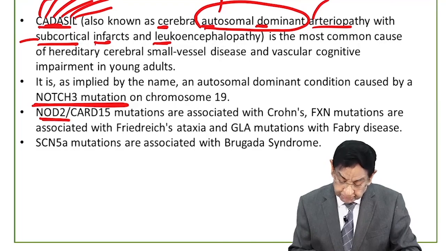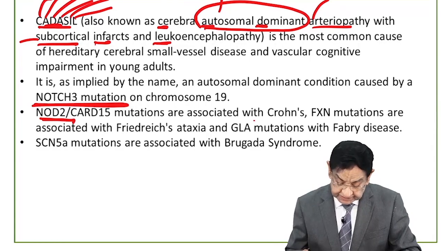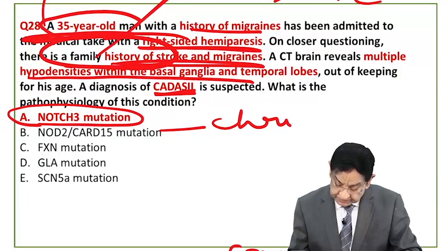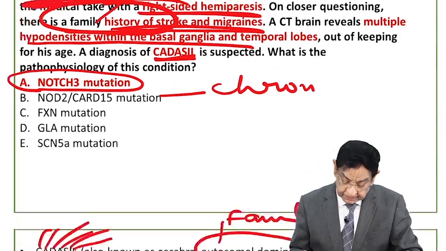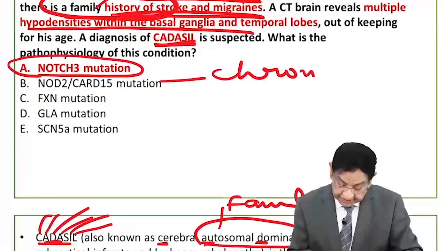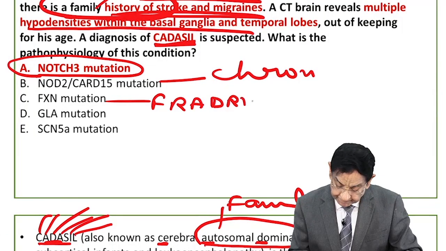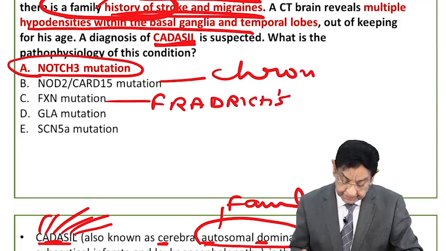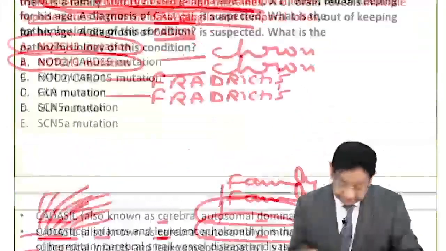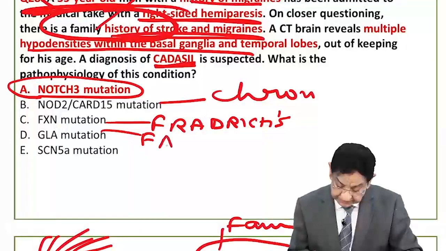Notch 2 is seen in Crohn's disease. FXN mutation is seen in Friedreich ataxia. GLA mutation is seen in Fabry's disease.